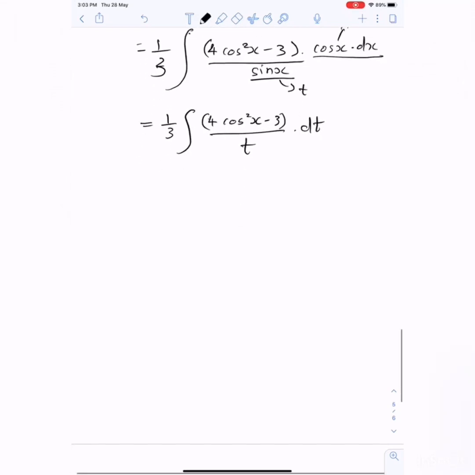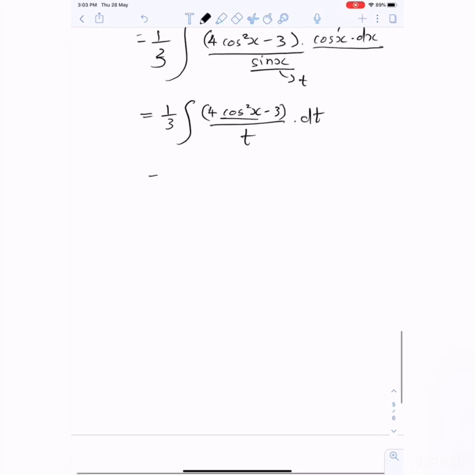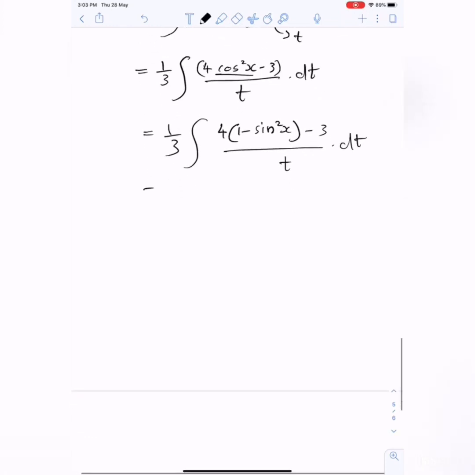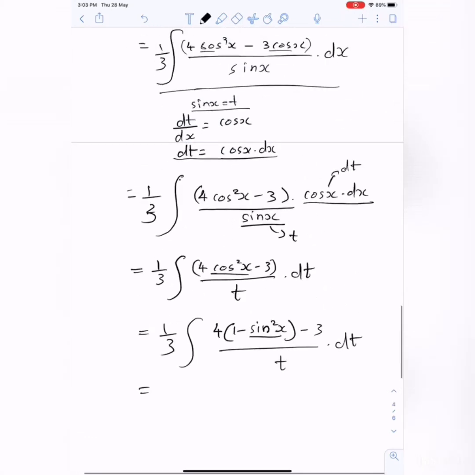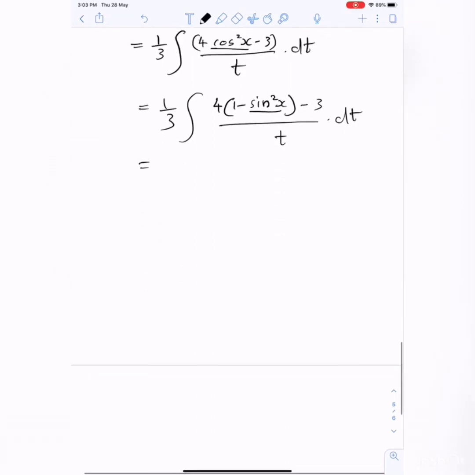Again, cos square x can be written as 1 minus sine square x. Let's further simplify: 4 into 1 minus sine square x minus 3 over t dt. Sine square x is t square, so I can substitute that with t square.